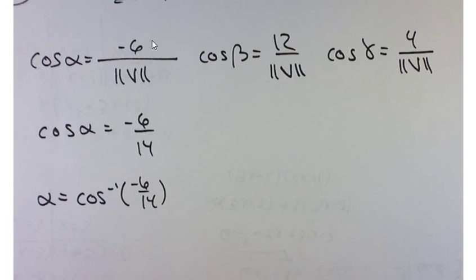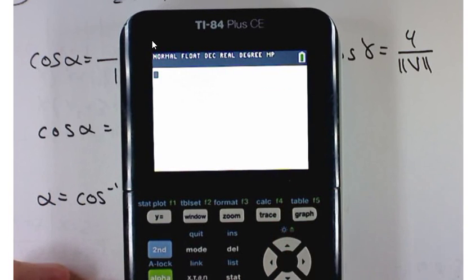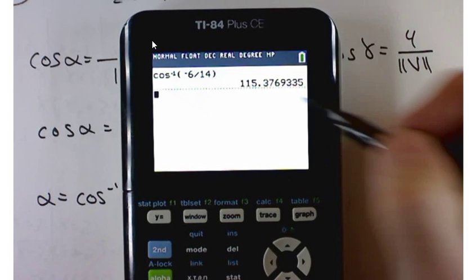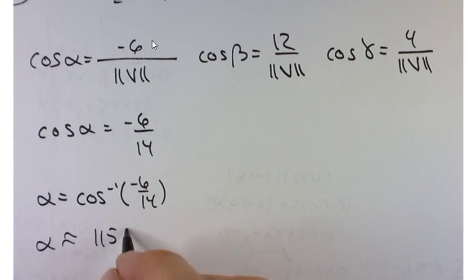So just finish it up here. Inverse cosine of negative 6 divided by 14. So 115 degrees. Let's round this to the nearest hundredth. So alpha is approximately 115.38.